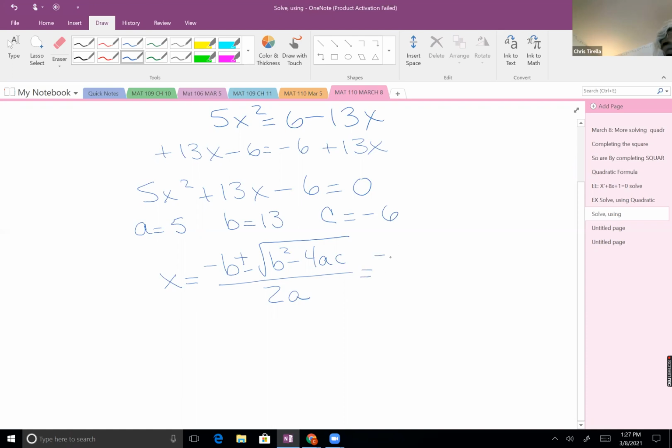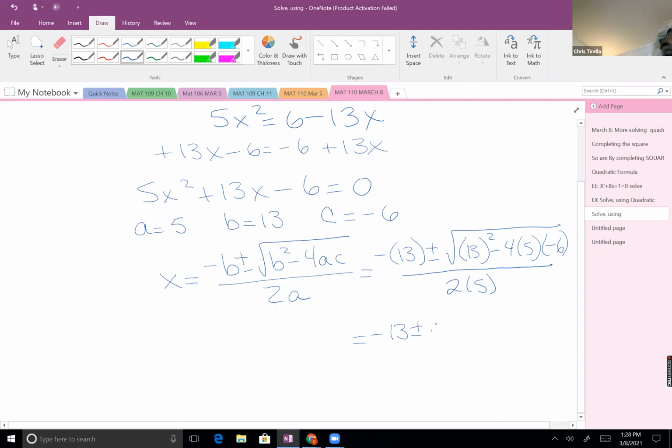Substituting, negative b is 13 plus or minus the square root of 13 squared minus 4 times 5 times negative 6, all over 2 times 5, gives me negative 13 plus or minus the root of, let's see, what is that?